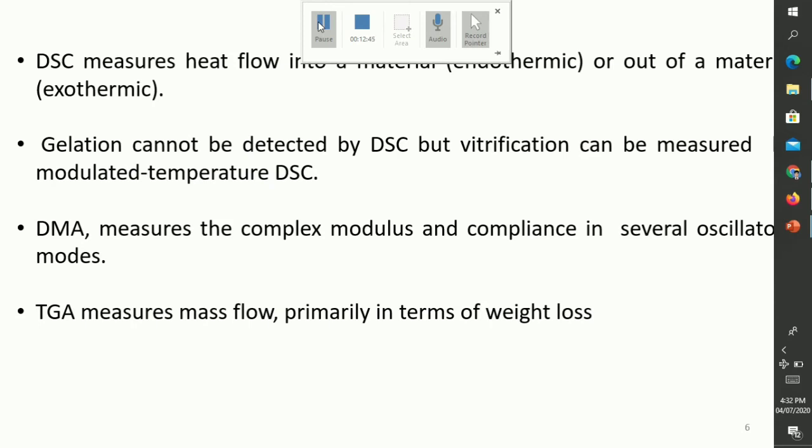Dynamic mechanical analysis measures the complex modulus and compliance as a function of temperature, time, and frequency.